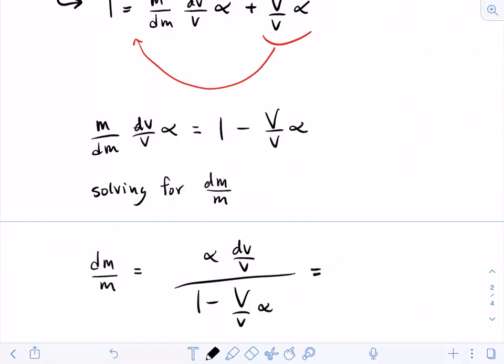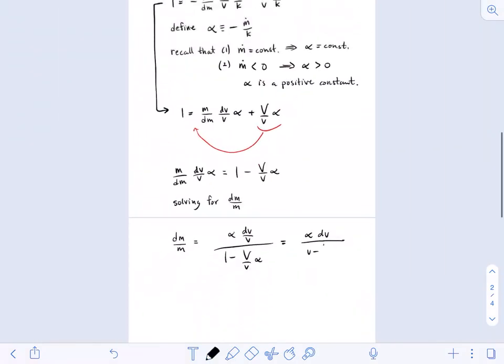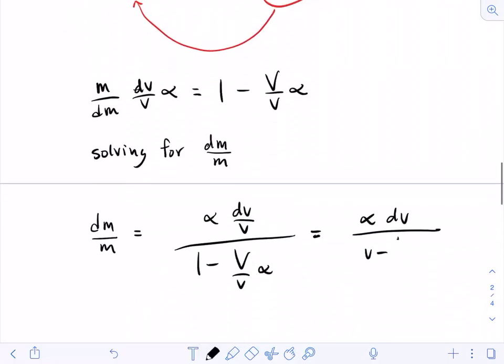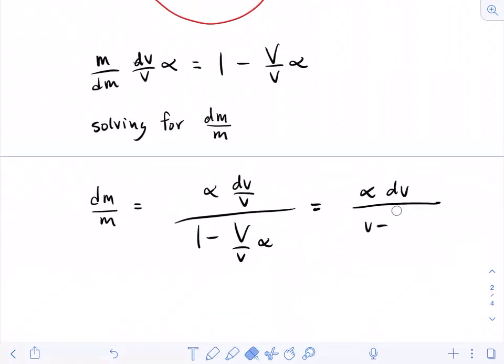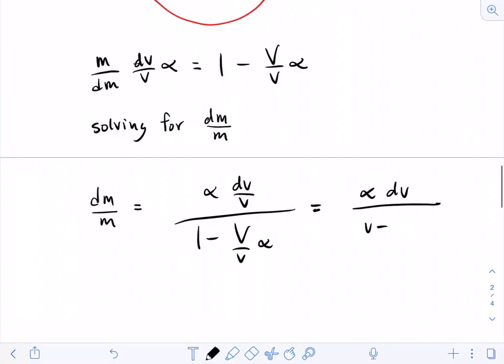Multiplying the right-hand side of this expression by V over V, we could equivalently write that dm over m is equal to alpha dv over (v minus alpha V), where I put the alpha over here, so we would get alpha times big V. Okay, good.